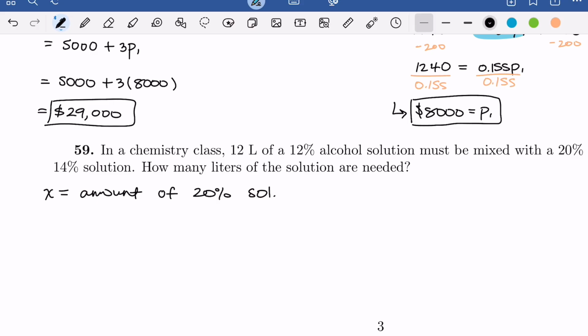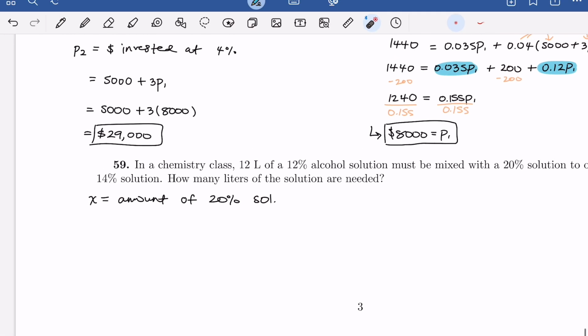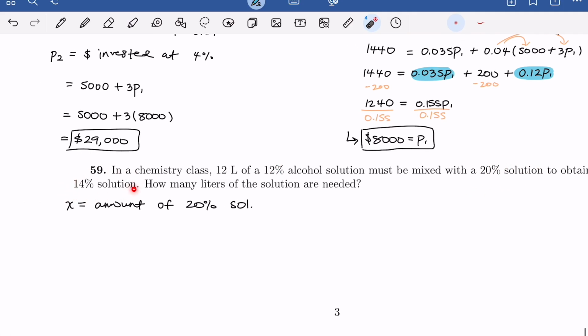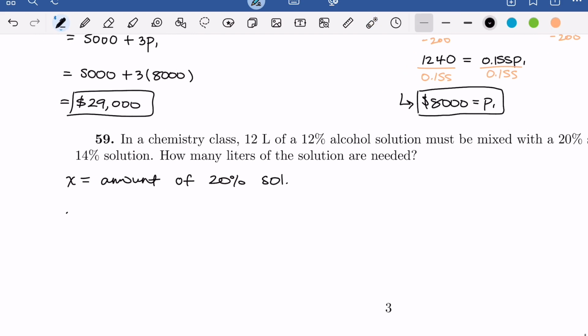And then notice that our total amount of solution, because we're combining 12% with a 20% solution, when we combine them, is going to consist of this 14% solution. So X amount of liters, which is what we're trying to find, plus the 12 liters of our 12% alcohol solution is going to give us the total solution.